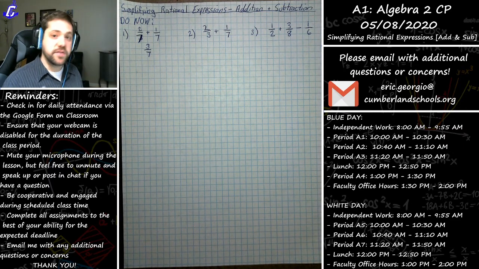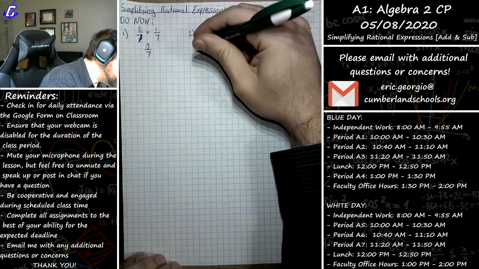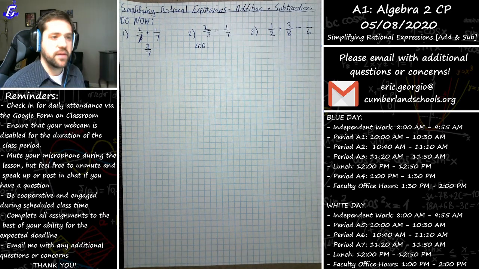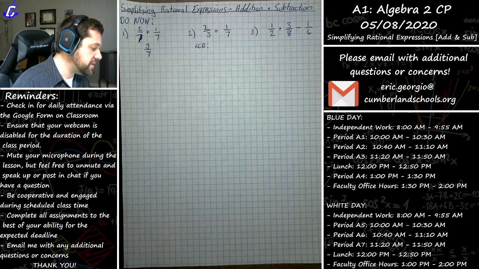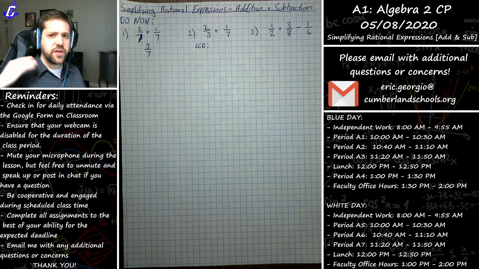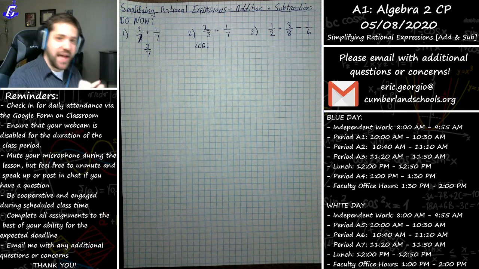So what we need to do in order to be able to combine these fractions, we need to find what's called a least common denominator, which is commonly abbreviated as LCD, like the TV. LCD, least common denominator. So what that means is, what's the lowest possible thing that both 3 and 7 are factors of, they can fit into, right?